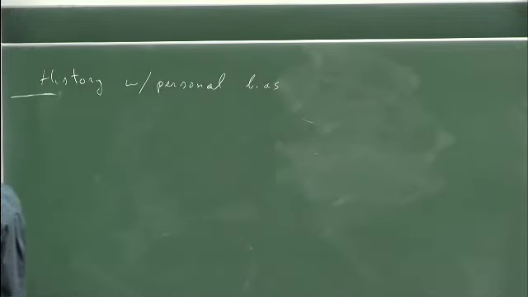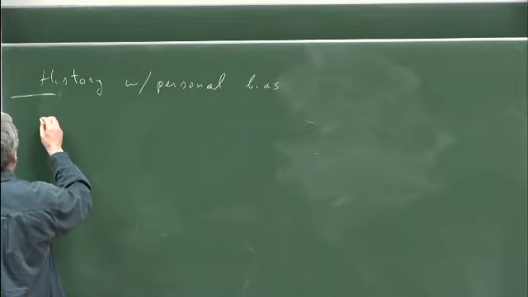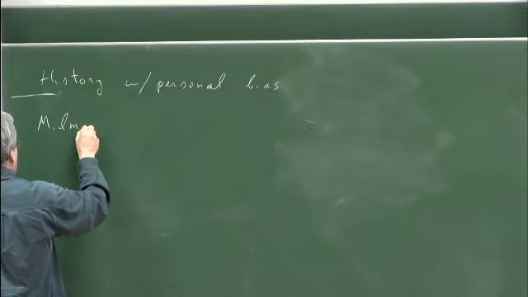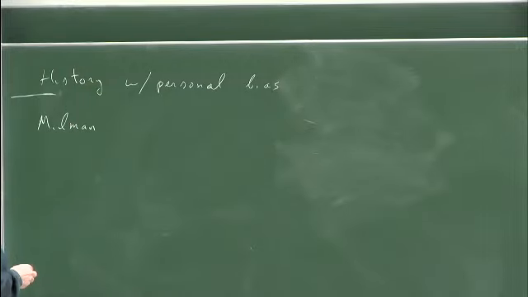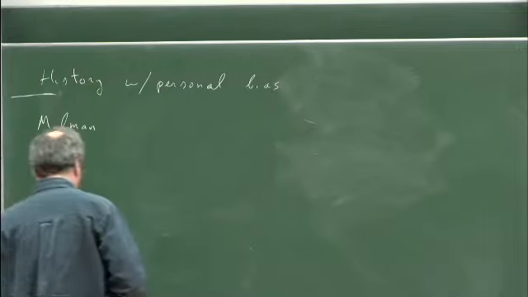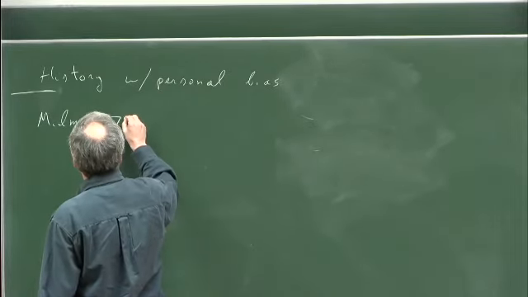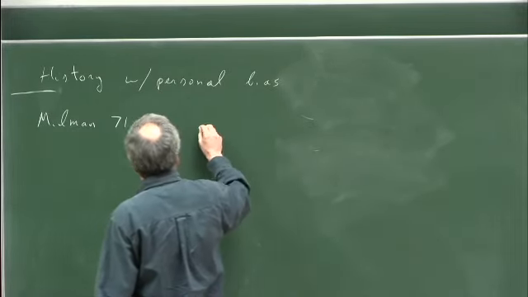I think, as I said, it can be traced back to the Dvoretzky theorem and mostly to the theorem of Milman, which gave a different proof of the Dvoretzky theorem, but it gives also all kinds of special things. So this is Milman '71, basically.